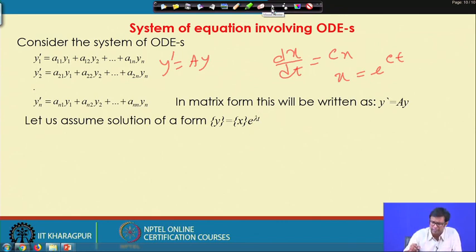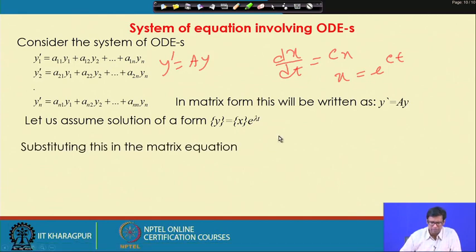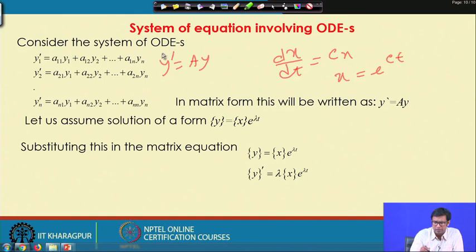Now, if we substitute this into the matrix equation, what do we get? y is equal to x e to the power lambda t. Therefore, y prime is lambda x e to the power lambda t, taking the derivative with respect to t of the right-hand side. And we have the original equation, which is y prime is equal to A y.